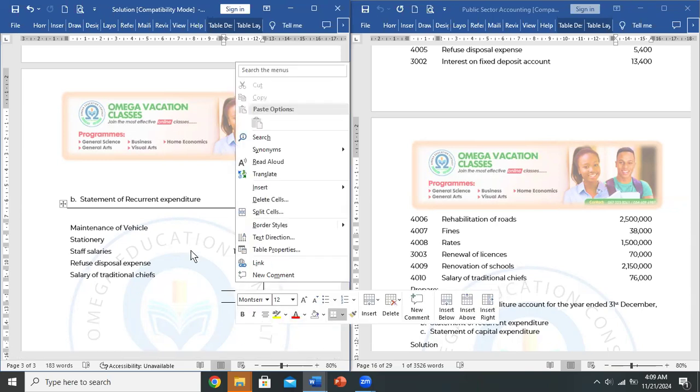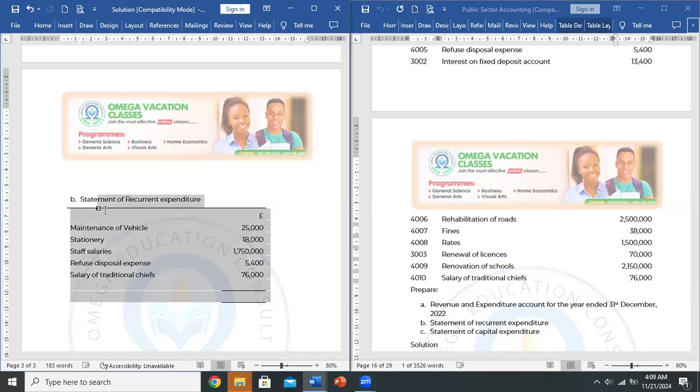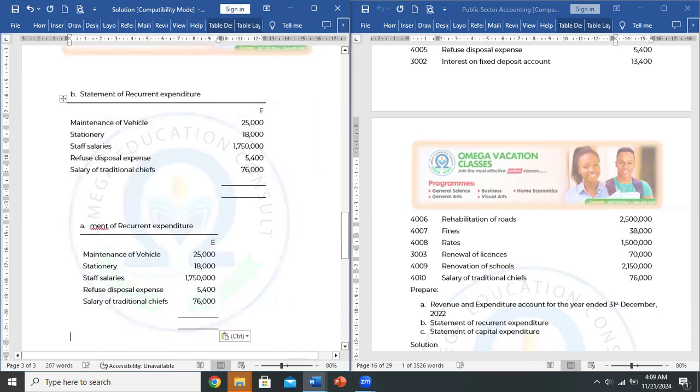Let's put in the figures. 1,874,400. Okay. Then let's do that of the capital expenditure.